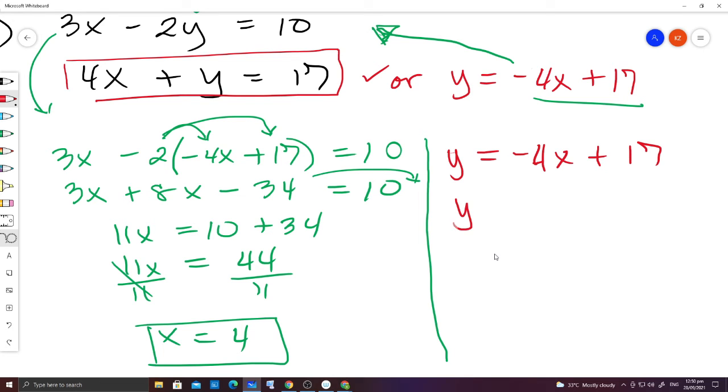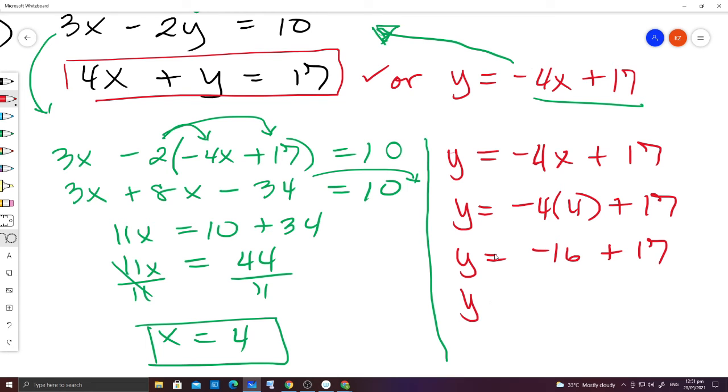Negative 4 times 4 plus 17. How many? Negative 4 times 4 is negative 16. Negative 16 plus 17. So what's the answer? 1. Okay, thank you.